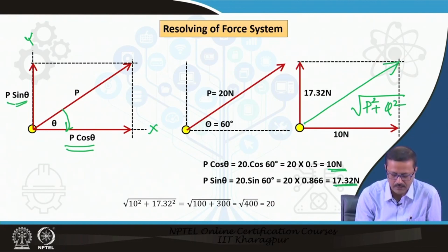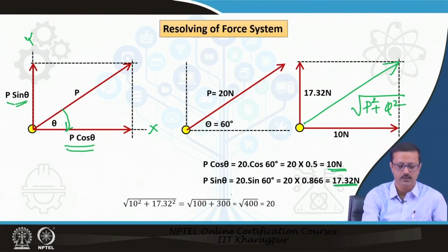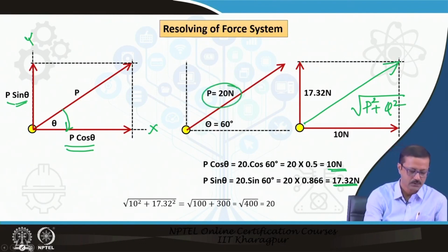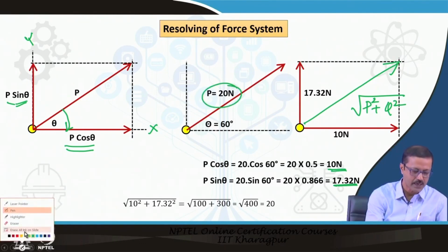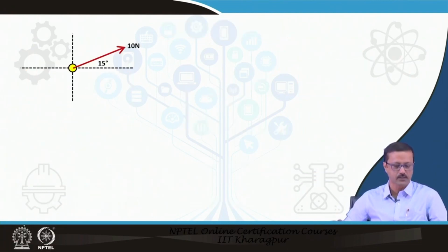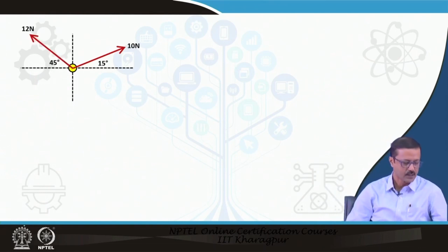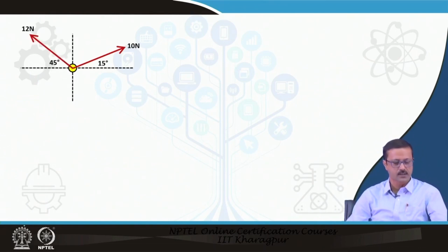If I square it and then take the under root, I will find that the actual force is 20. So it proves that we can resolve the force, and also find out the resultant force from the resolved forces.